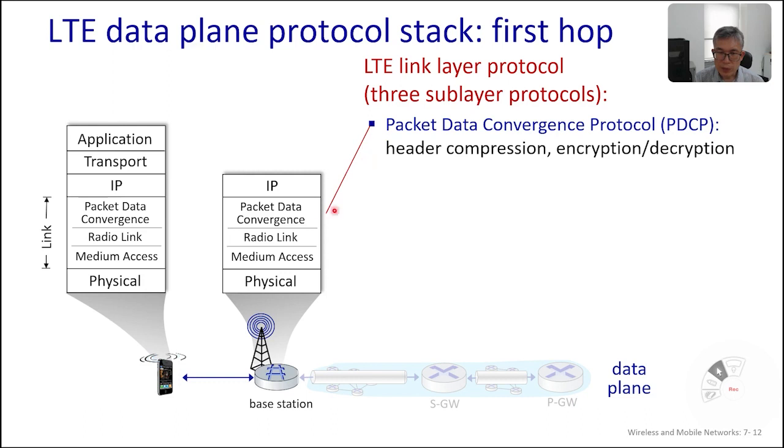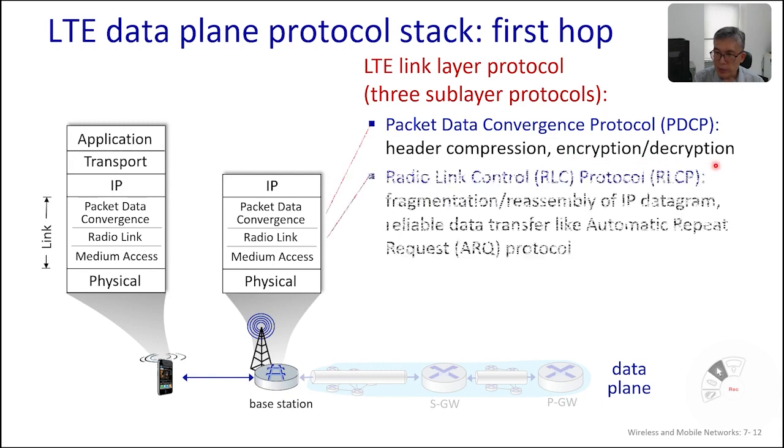The first one is the Packet Data Convergence Protocol, PDCP. It performs header compression and decompression, and encryption and decryption of packet data.